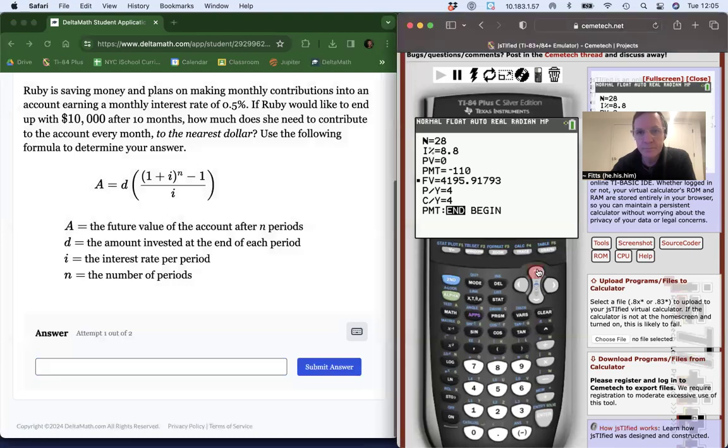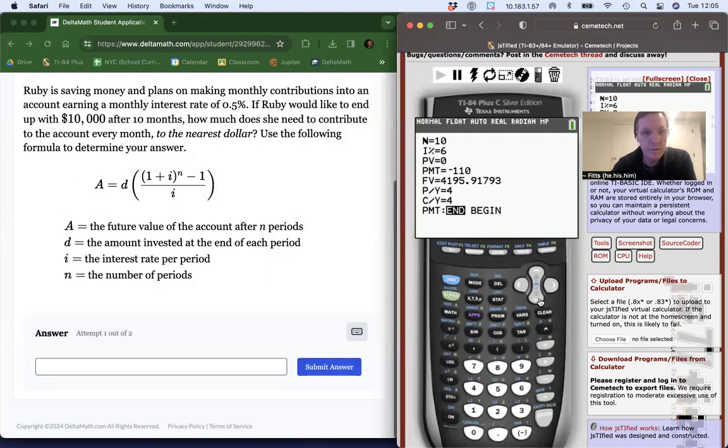So Ruby is saving, with a monthly interest rate of 0.5%. First of all, how many periods is that? It's 10 months, so that's going to be 10. 0.5% per month, so this has to be annual. It's going to be 0.5 times 12.